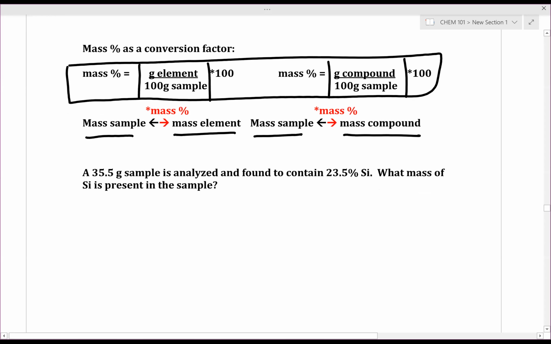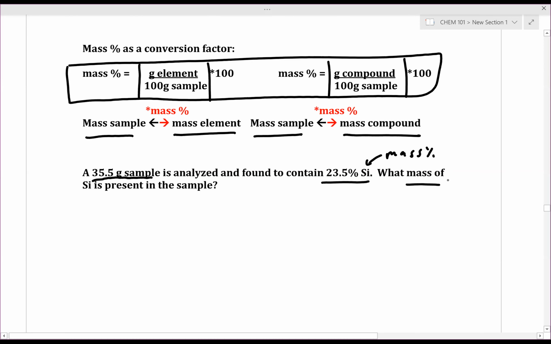So we're given that a 35.5 gram sample is analyzed and found to contain 23.5% silicon by mass. Of course, since we've only seen mass percent as a conversion factor, this is implied to be a mass percent. In all future problems, it'll be explicitly stated.